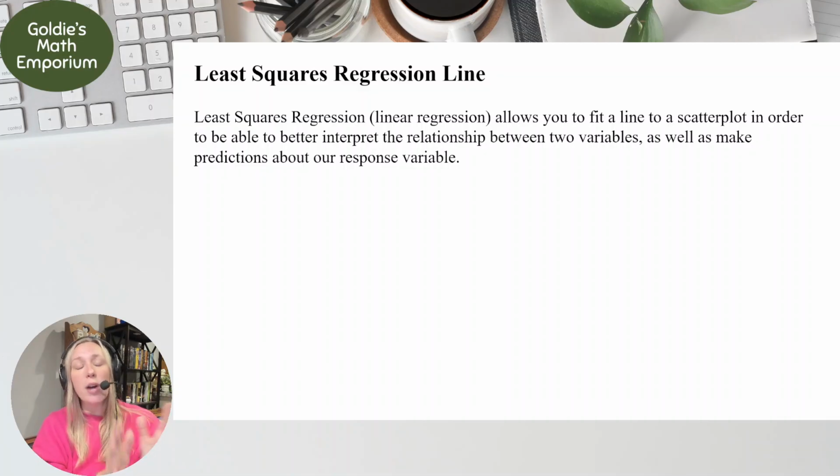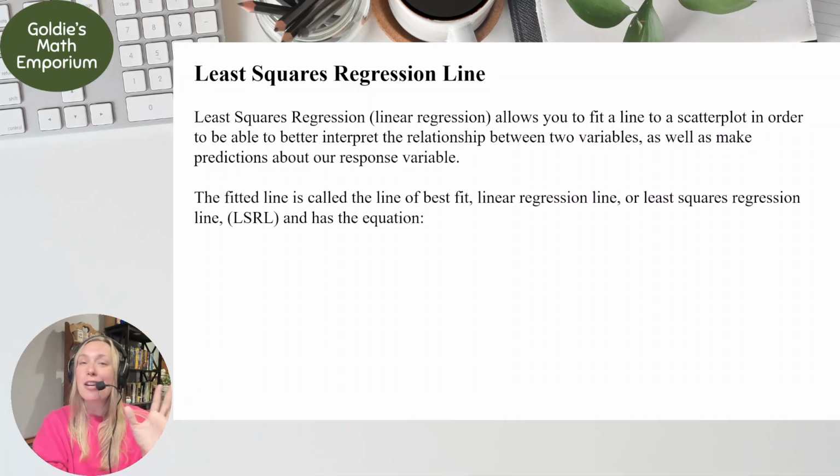If you go to other stat courses or expand your knowledge later on and take more advanced stats courses, you'll learn that there's actually a few different linear regression models, one being like the least absolute deviations model, right? But those types of models, we're not covering them in this class. I want you to just focus on least squares regression, linear regression.